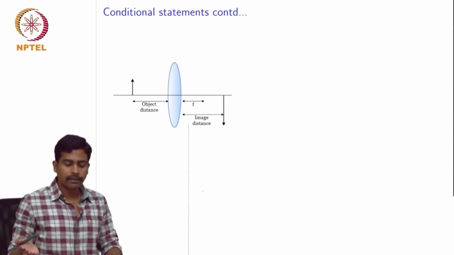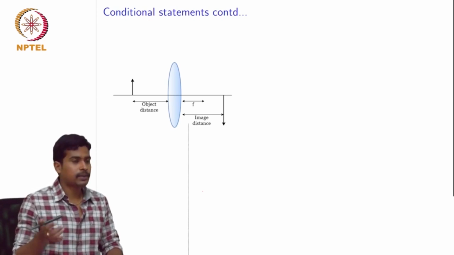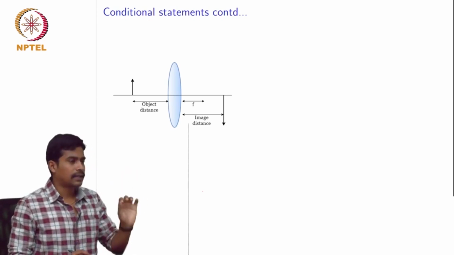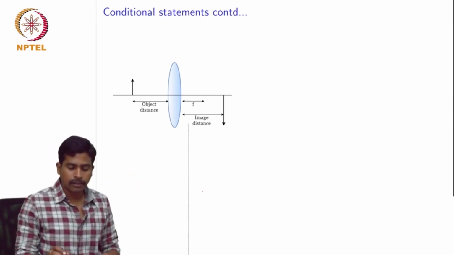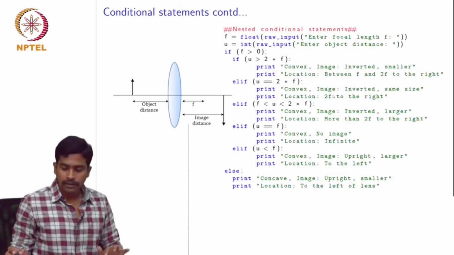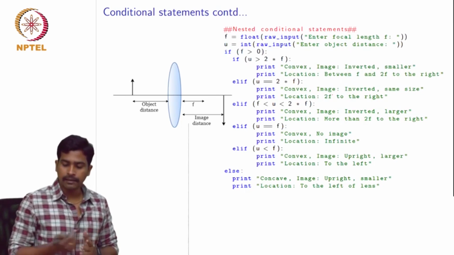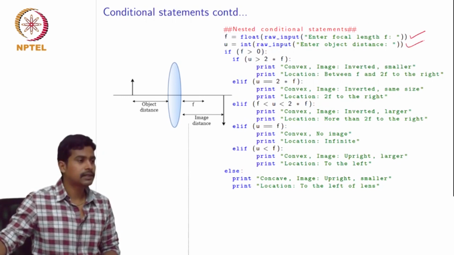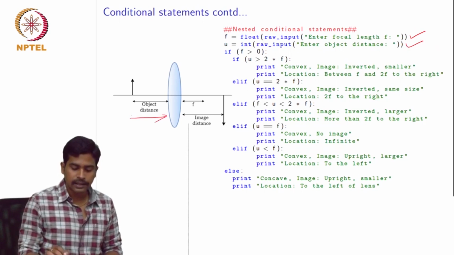In this example we are trying to model what happens when an object lies at a distance x from your lens. We all know that based on the object distance from the lens, the image distance is going to depend. So, this is the program I want you to open. The user has to enter the focal length of the lens and the object distance, which is this distance.